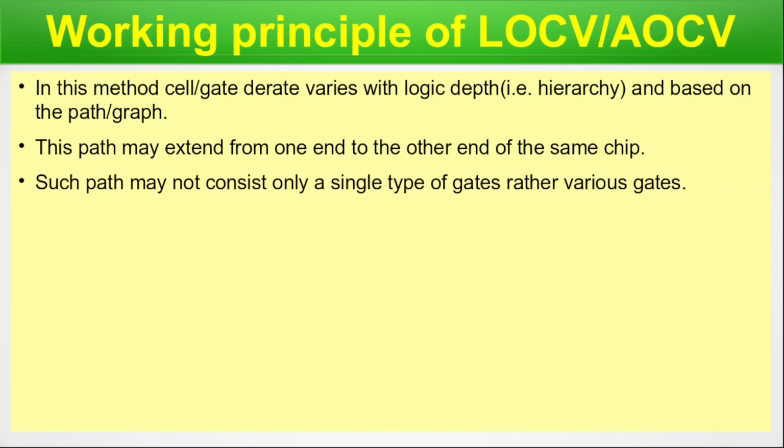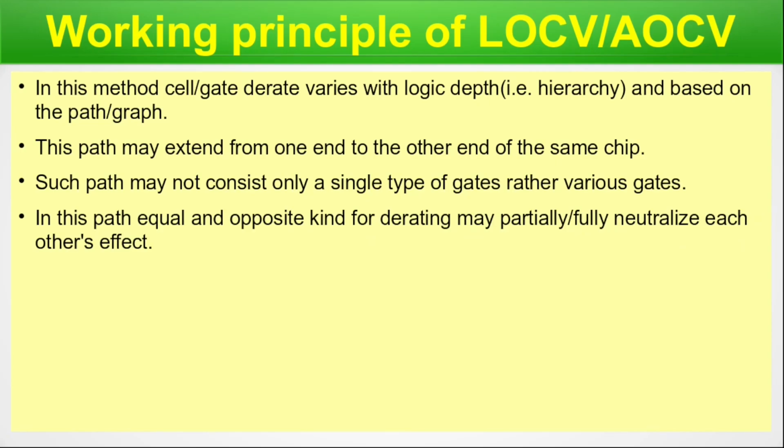Such a path may not consist of only a single type of gate, rather various gates. Obviously, the design will contain multiple types of gates inside the silicon wafer. In this path, equal and opposite kinds of derating may partially or fully neutralize each other's effect. This is theoretical.